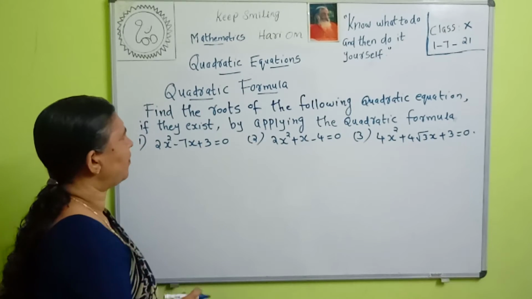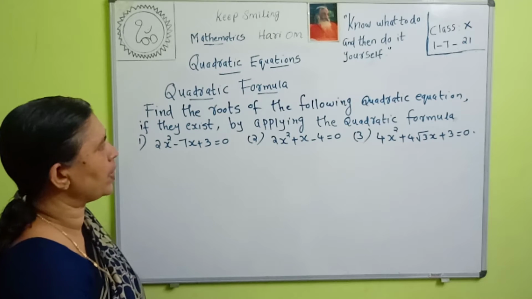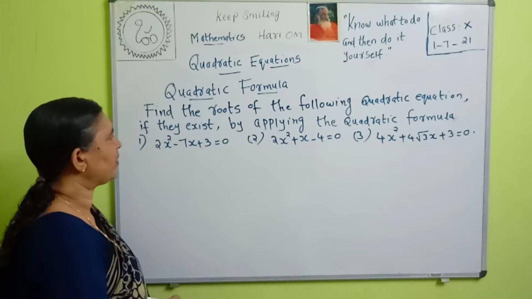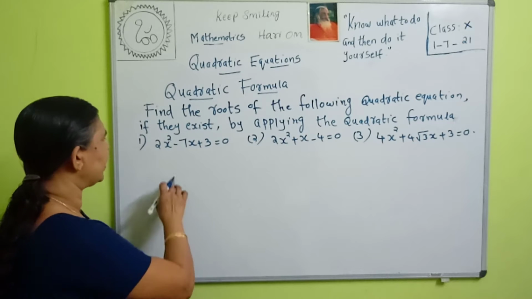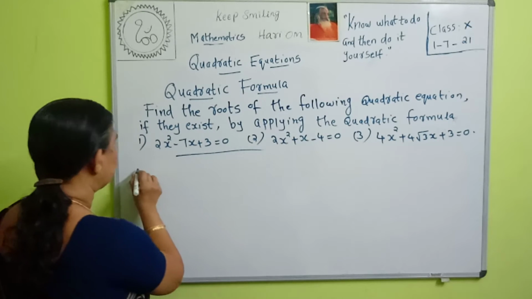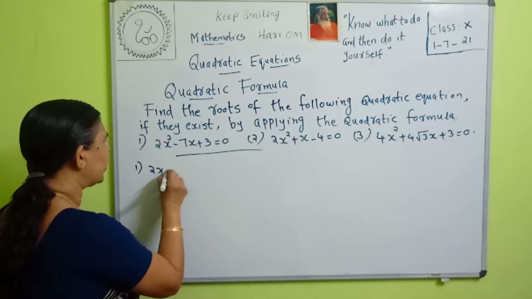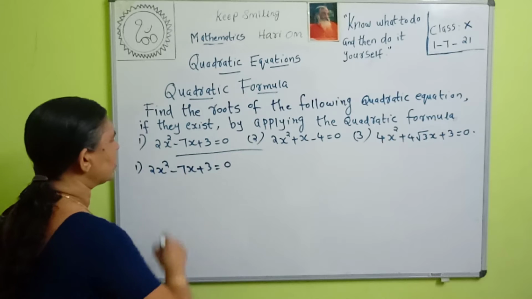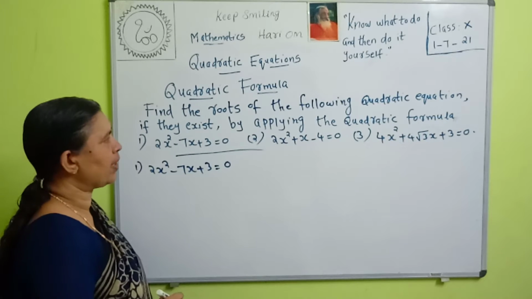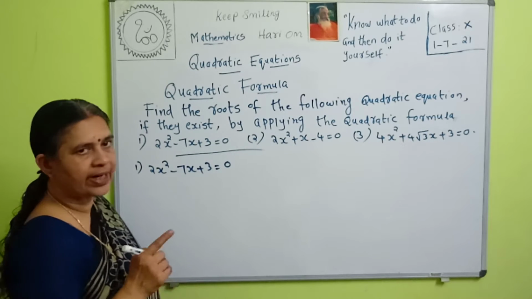Next question. Find the roots of the following quadratic equation, if they exist, by applying the quadratic formula. First question is 2x square minus 7x plus 3 is equal to 0. We are asked to find the roots if they exist.